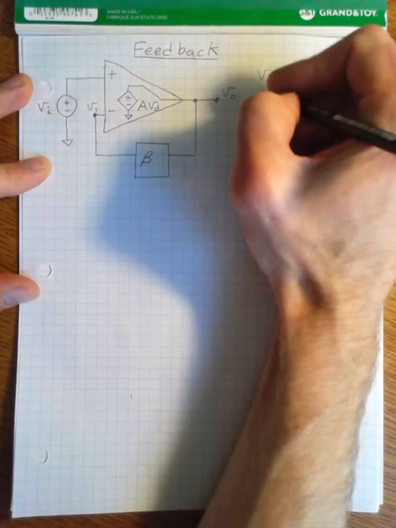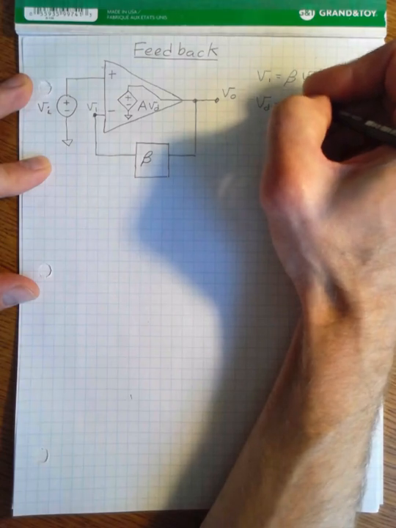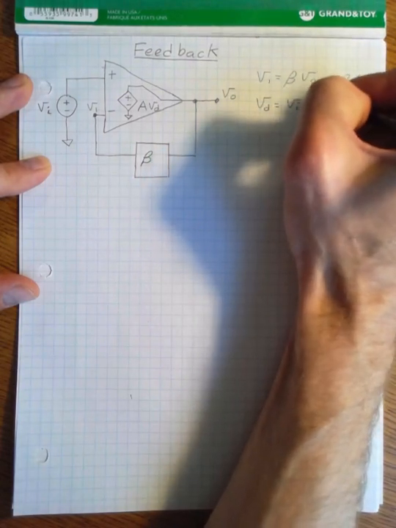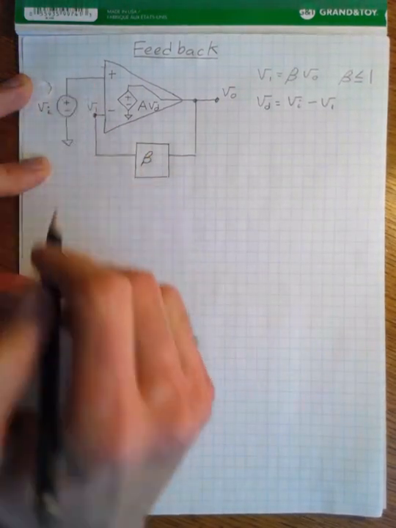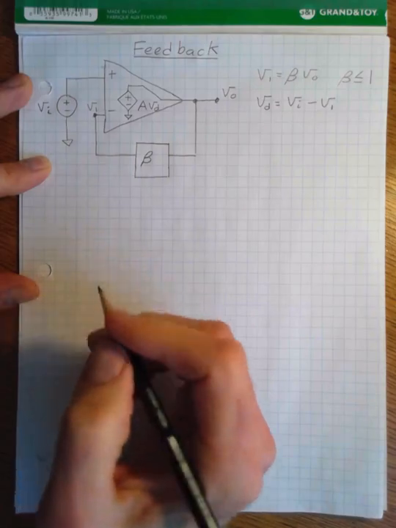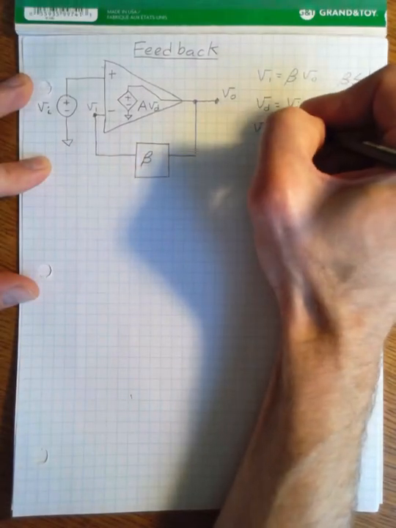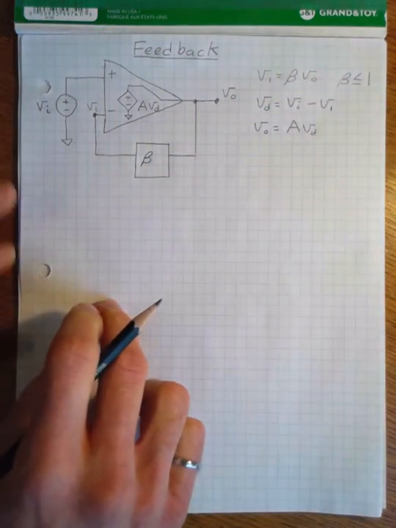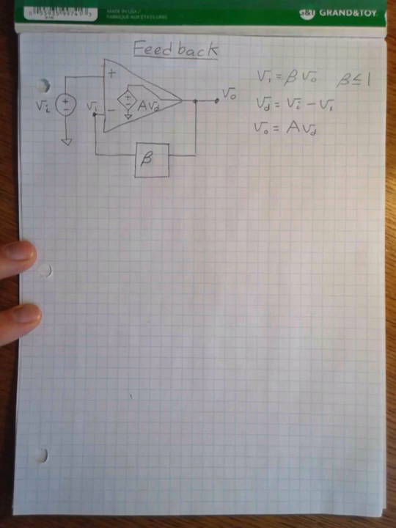We know that our differential voltage is equal to the input voltage minus V1. Right? So that's the differential voltage between these two points. And we know that the output is equal to A times the differential voltage. And for this analysis, we're not making the V1 equals V2 assumption.